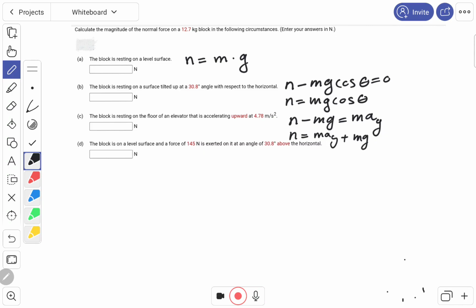Part D is saying the block is on a level surface and a force of 145 Newton is exerted on it at an angle of 30.8 degree above the horizontal.